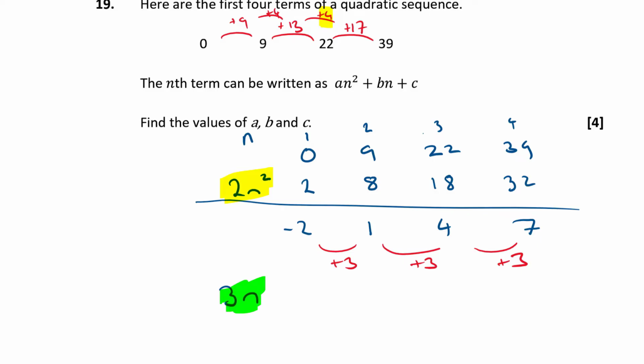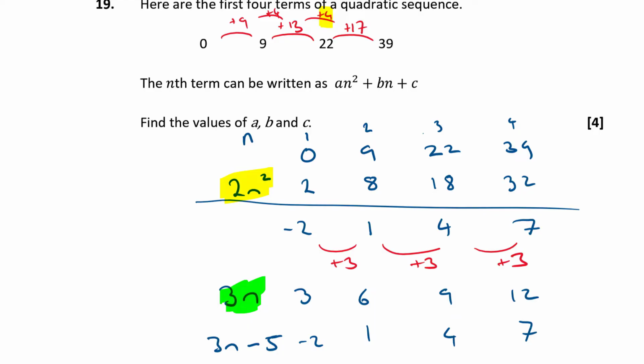But 3n is 3, 6, 9, 12, and not minus 2, 1, 4, 7 is what I had before. So actually, what we've got there, minus 2, 1, 4, 7, is the sequence 3n subtract 5, isn't it? Because 3 subtract 5 is minus 2, and 6 subtract 5 is 1, and 9 subtract 5 is 4, and 12 subtract 5 is 7.